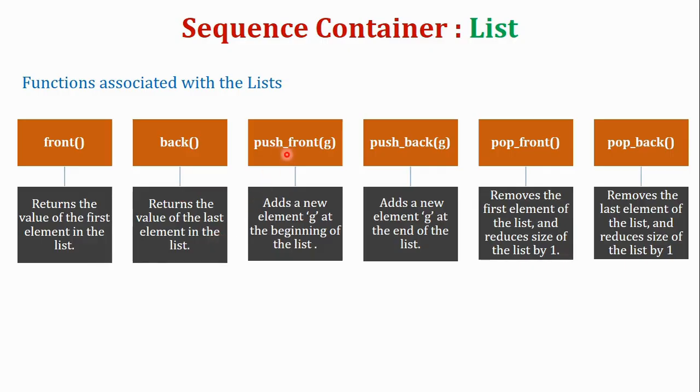And then push_front: add the new element g at the beginning of the list. Then push_back: add the new element g at the end of the list. And pop_front: it will remove the first element of the list. Then pop_back: it will remove the last element of the list.